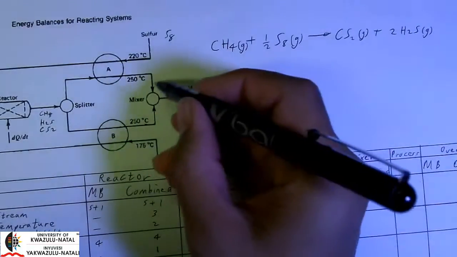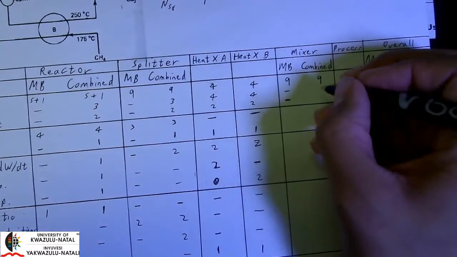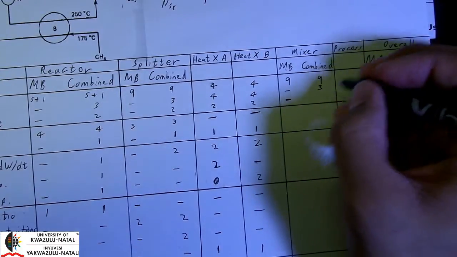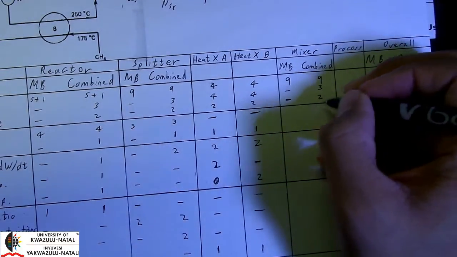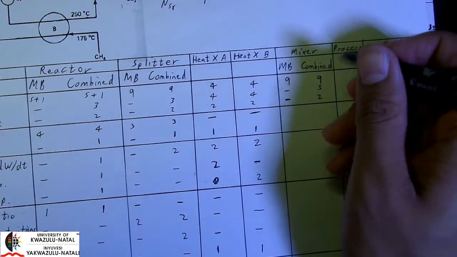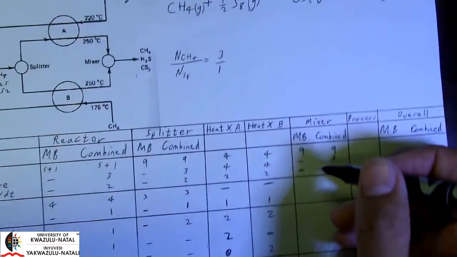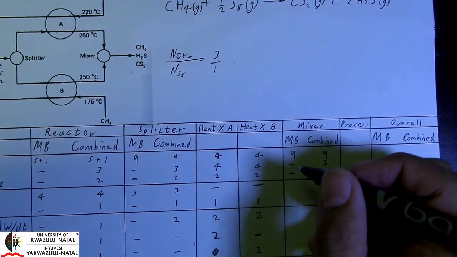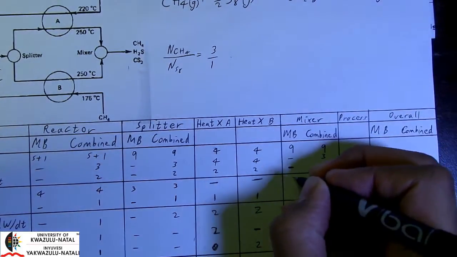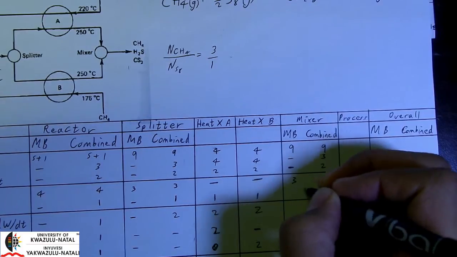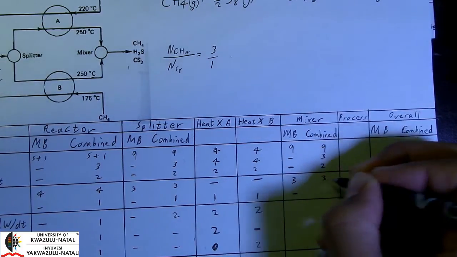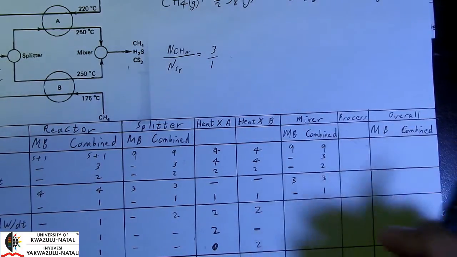But we have 3 streams, so that accounts for 3 temperatures for our combined balance. And we can count our dq dt and dw dt. In terms of our material balance, there are a maximum of 3 components, so that's 3 material balances, and of course 1 energy balance counted here.